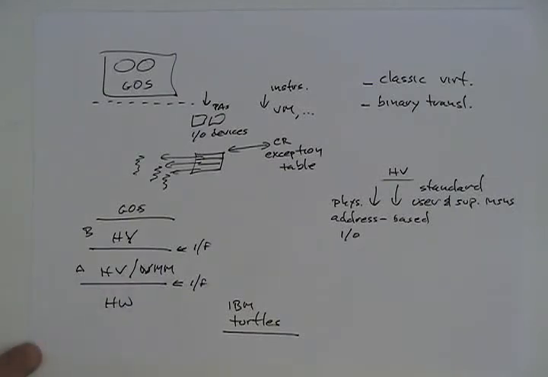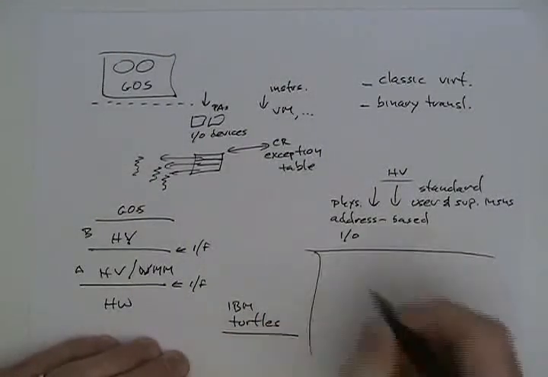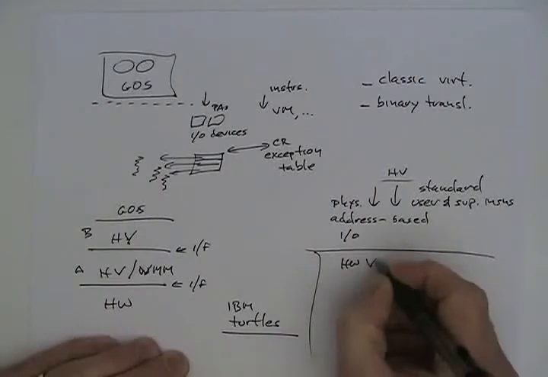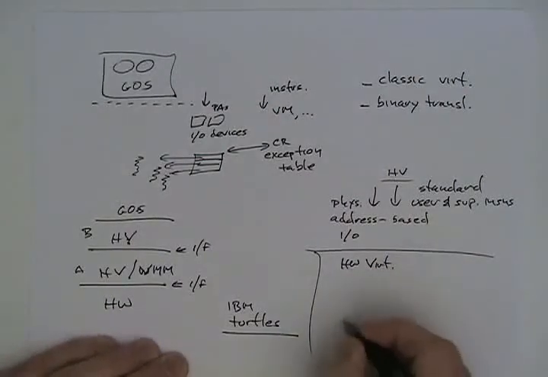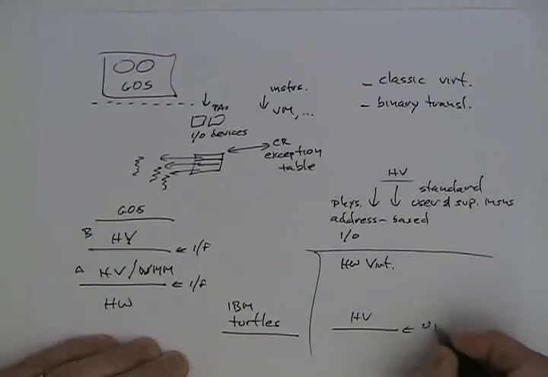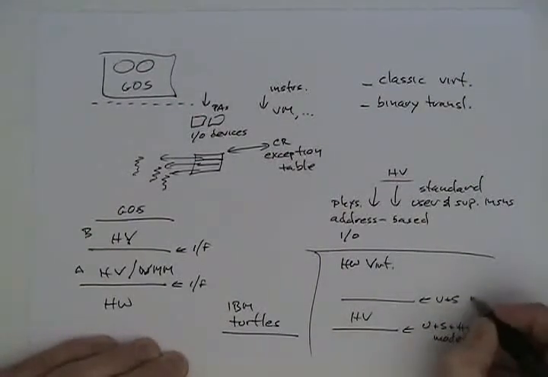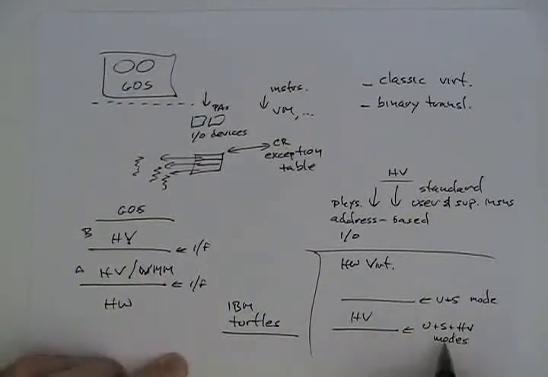The problem with hardware virtualization, though, is that the hypervisor sees an interface which is user plus supervisor plus hypervisor modes, and it exports an interface that's user plus supervisor mode. It doesn't virtualize the hardware extensions for virtualization.